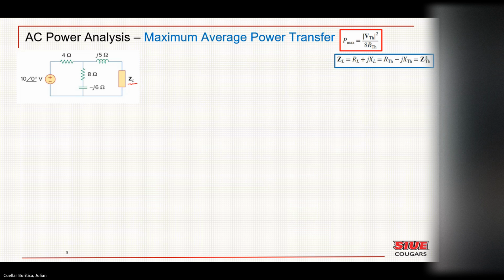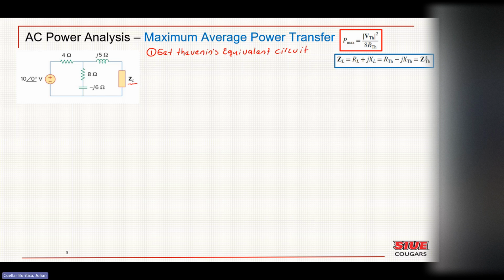Remember, the first step is to get the Thevenin's equivalent circuit.